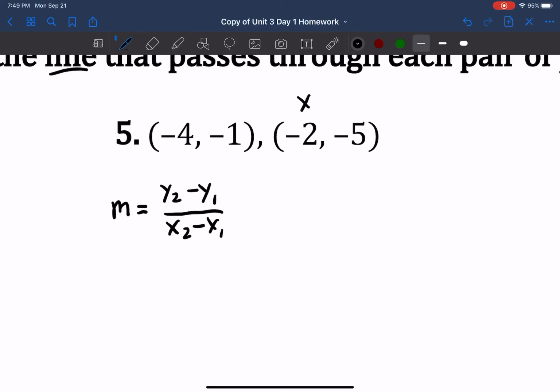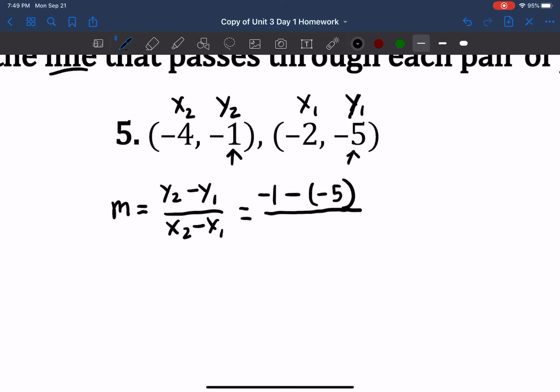So let's say this one is x1, and this is y1, which means this one is x2, and this is y2. Then it still stands that y2 is negative 1, so y2 minus y1. y1 is negative 5, so I'm subtracting negative 5 over x2, which is negative 4, minus x1, which is negative 2.